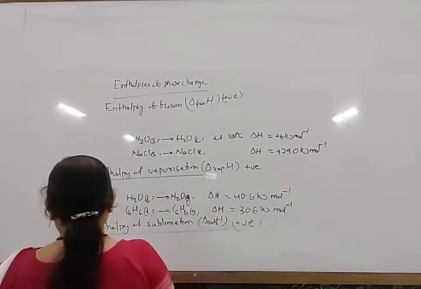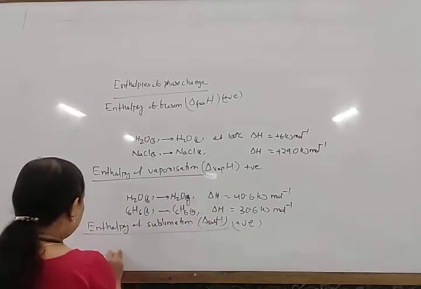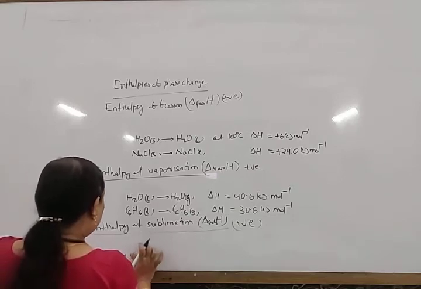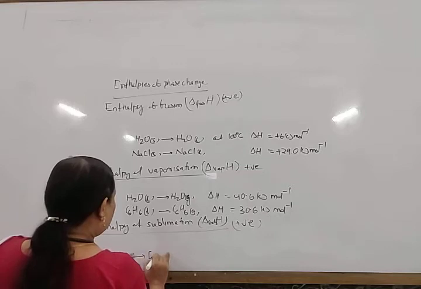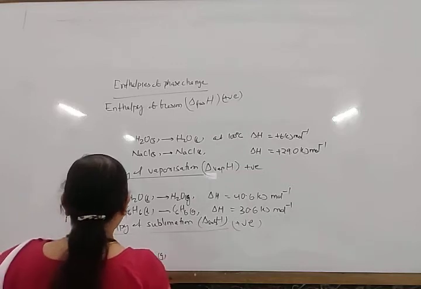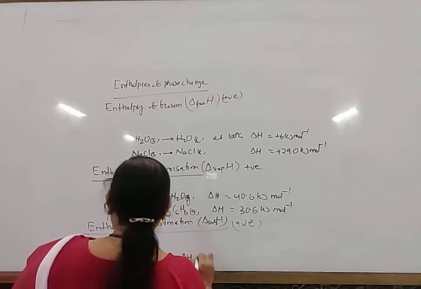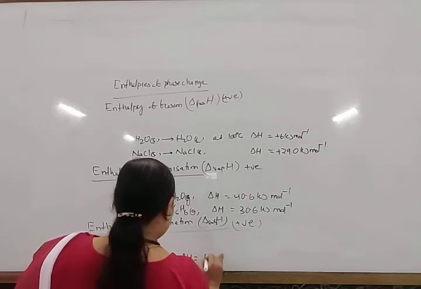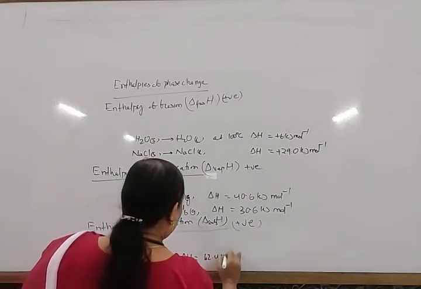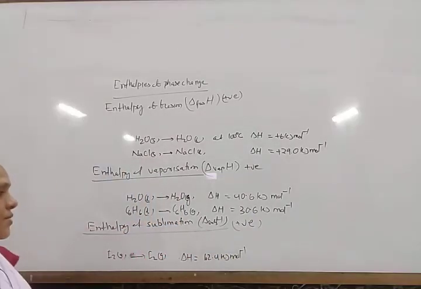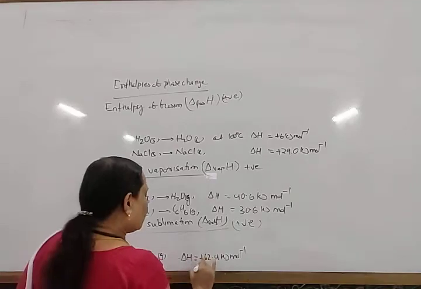For example, if solid iodine is converted to iodine gas below its melting point, its del H value is 62.4 kilojoule per mole, so it also has a positive value.